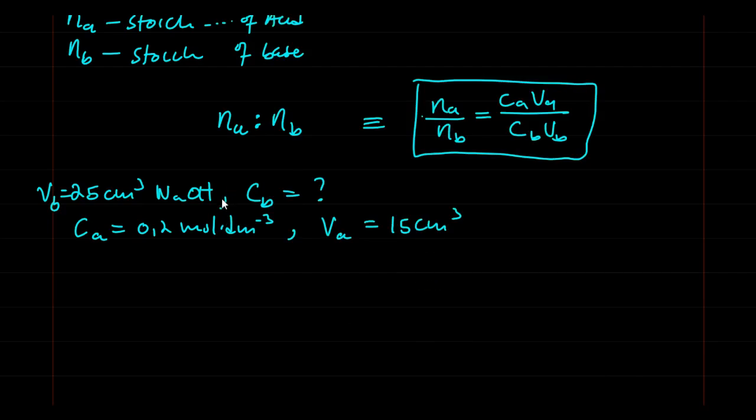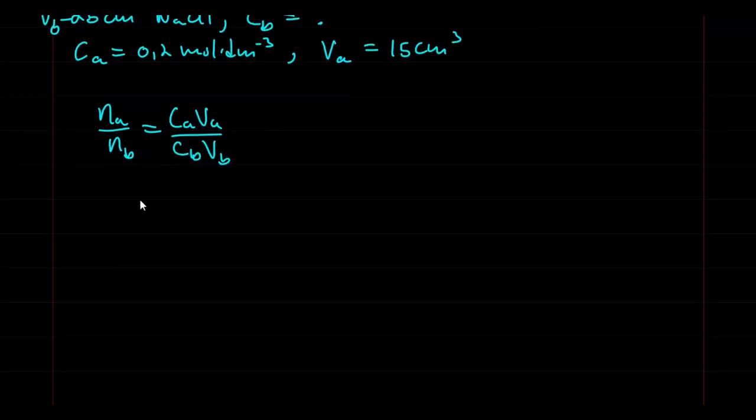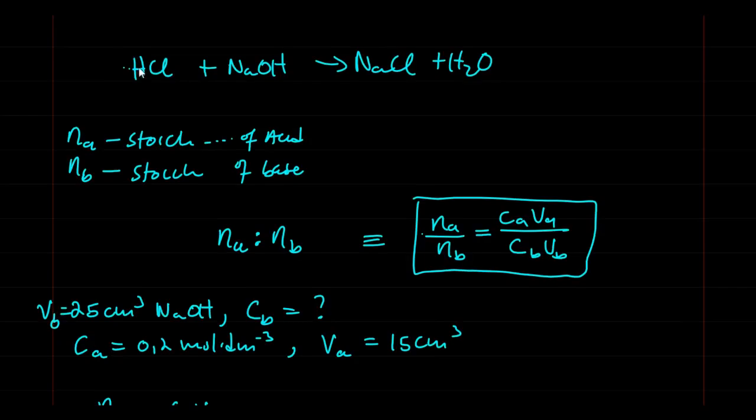Okay, I bet you are done. Let's get on with it. So now I'm using the formula. Na over Nb is equal to Ca Va over Cb Vb. For Na, I look at the number in front of the acid when the equation is balanced, which is 1.